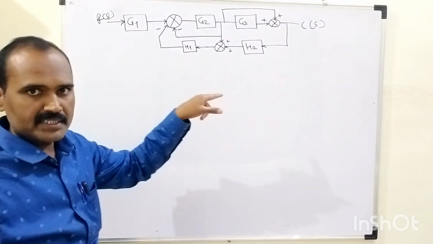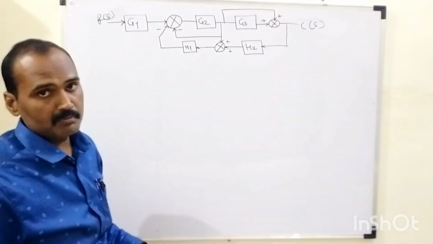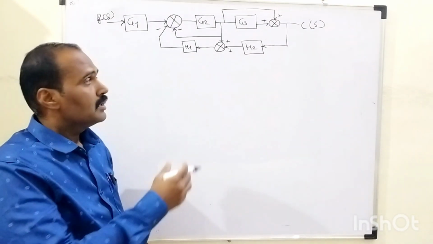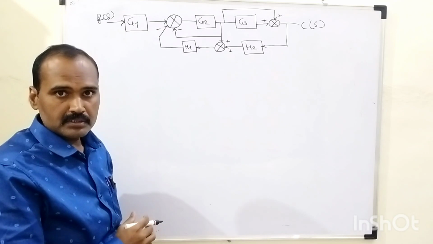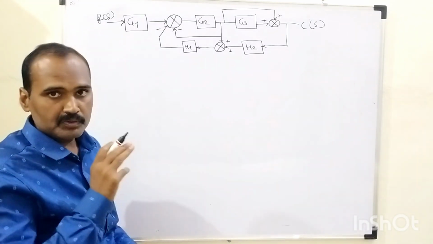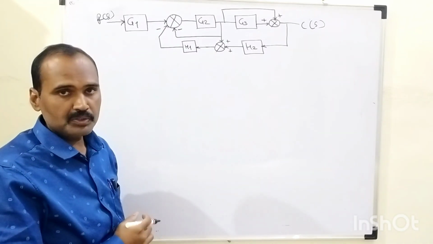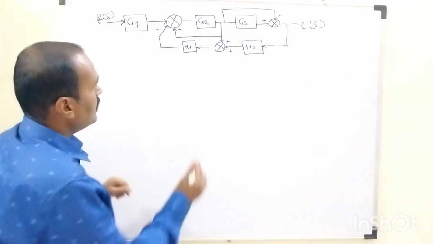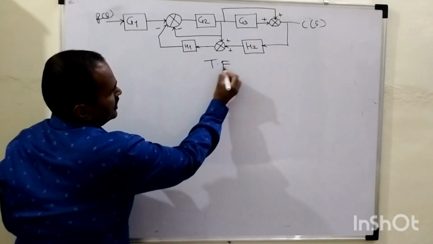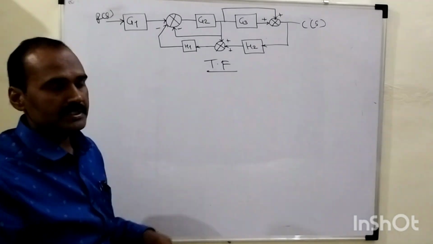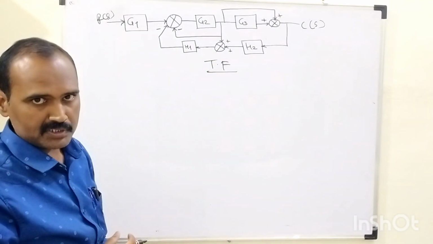Already we had discussed the basic 8 rules of this block diagram reduction technique, right? So let us quickly go through this numerical, in which first of all we need to understand what our objective is. Our objective is to determine the overall transfer function of this control system, which is represented in terms of this block diagram representation, right?